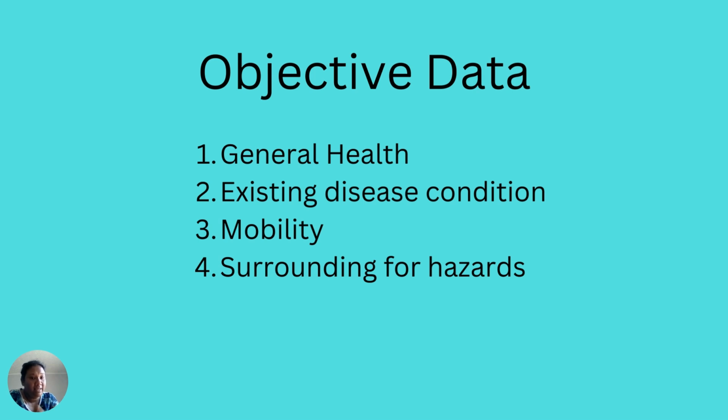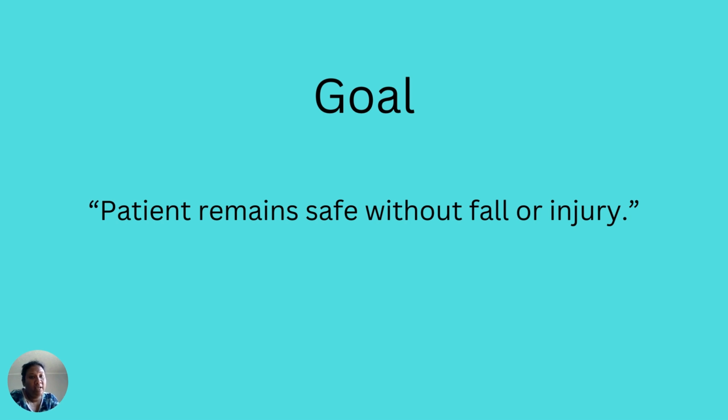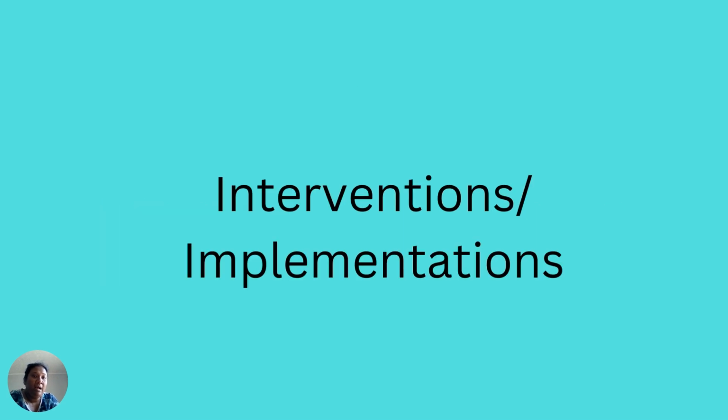So that being said, let's come back to the point. We assess the surrounding for any hazards. That includes sharp objects, any medical devices, the floor for any wetness, or any slippery floors, anything like that could be hazardous. And what would be our goal? Our goal would be the patient remains safe without fall or injury. This would be the goal of a nursing plan.